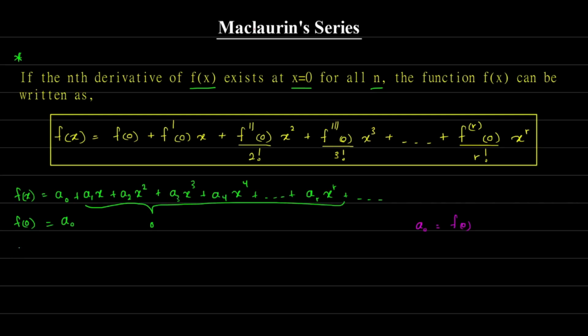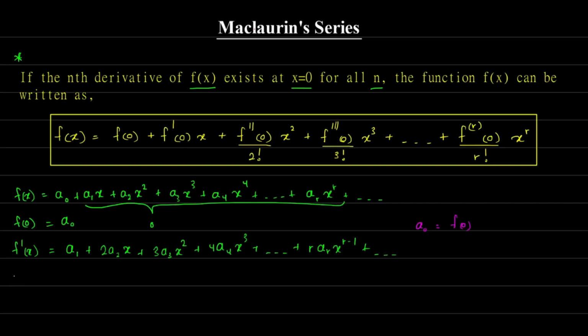Now let's consider the first derivative of f(x). f'(x) is going to be equal to a1 plus 2 a2 x plus 3 a3 x squared plus 4 a4 x cubed plus r ar x^(r minus 1), and that also can keep on going.